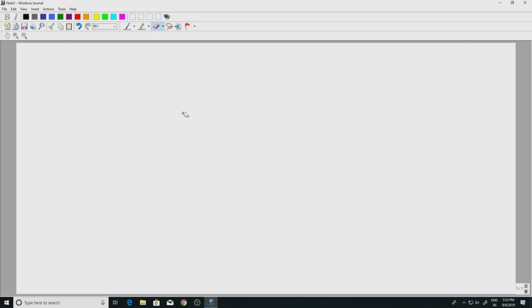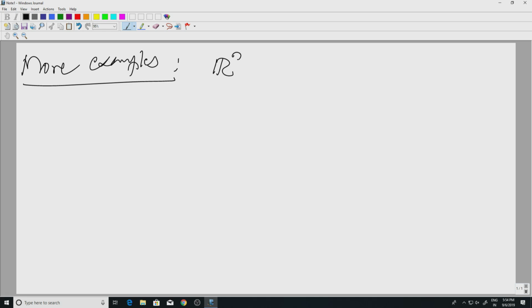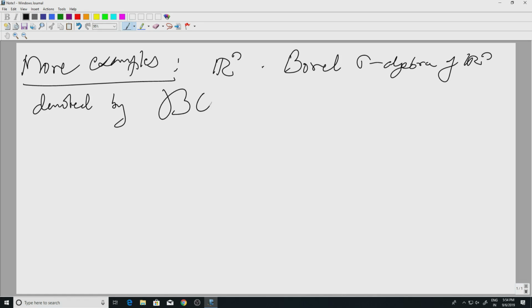Okay, we will look at more examples. So, consider Rn and we will define the Borel sigma algebra of Rn. We will denote it by B of Rn.